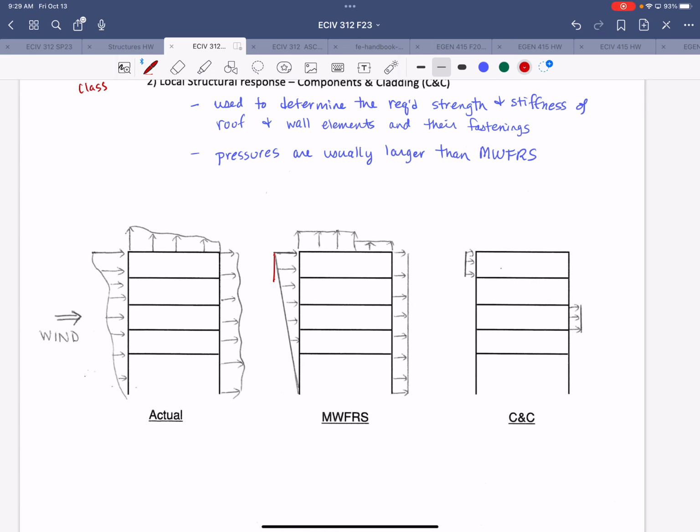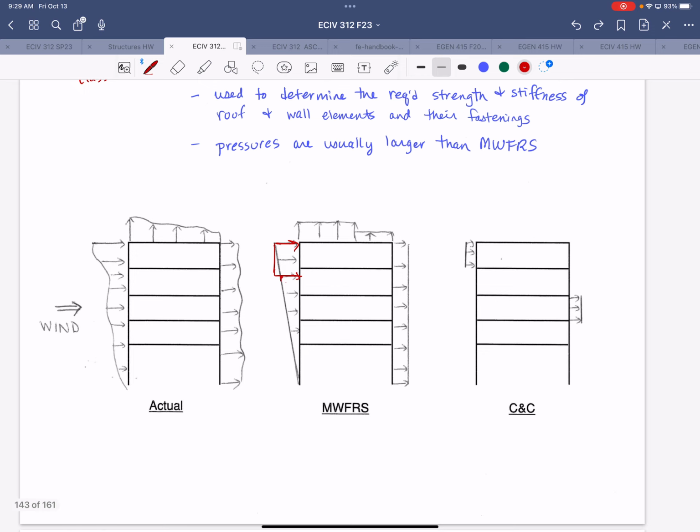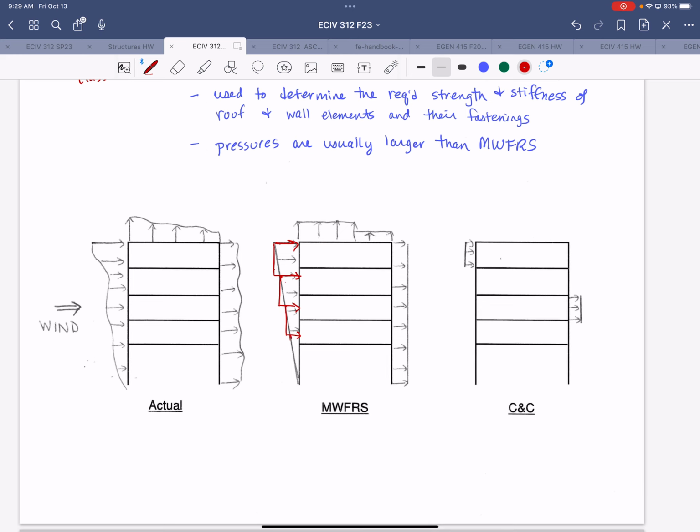So it might look something like this in practice. I'll just note that in practice, we use blocks.